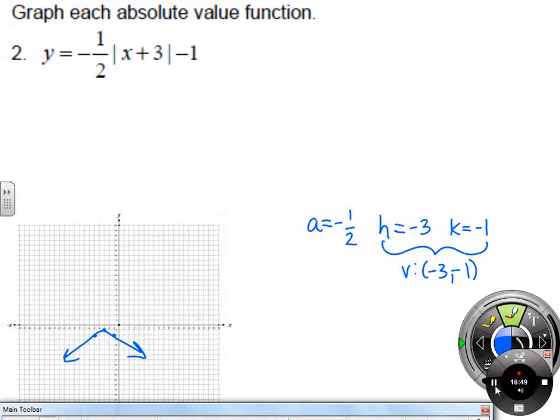All right, so the important things that you should pick out are the a, the h, and the k value. Notice that the h value is -3. The h and k value give me the x and y coordinate of my vertex, so I plotted it at -3, -1. I knew my V should go downward because the negative part of the a means a vertical reflection, so from upward to downward for the parent.